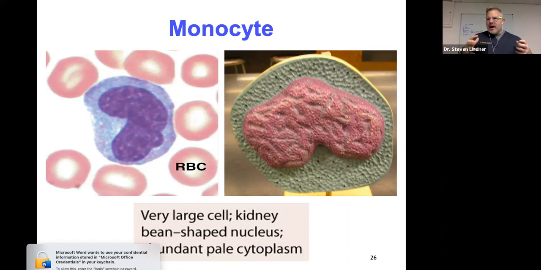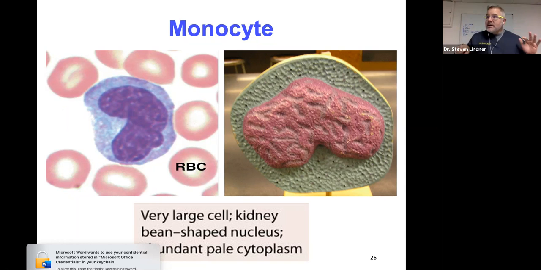And a macrophage is going to be like an old school Pac-Man. If this is a little bacteria, then this macrophage is going to engulf it. It's going to eat it and get rid of it. That's what macrophages do. They engulf debris and they try and clean things up. But macrophages start out as these. They start out as monocytes. So monocytes are in circulation. They're in your blood vessels.